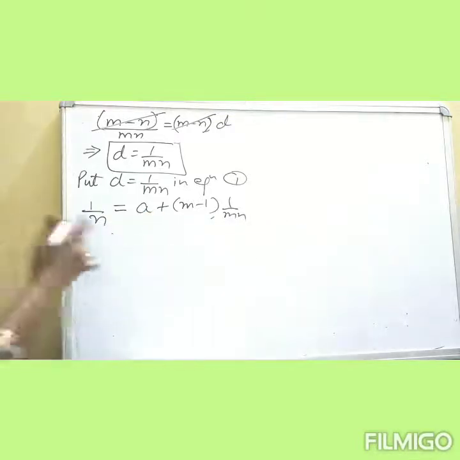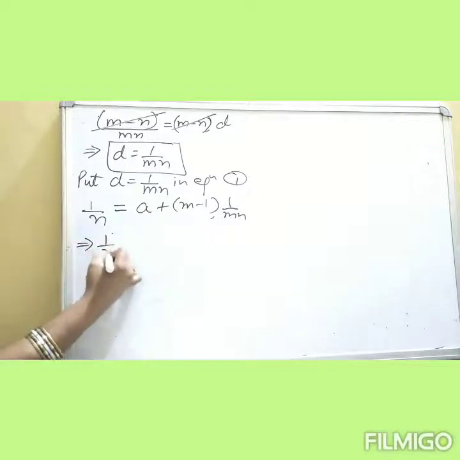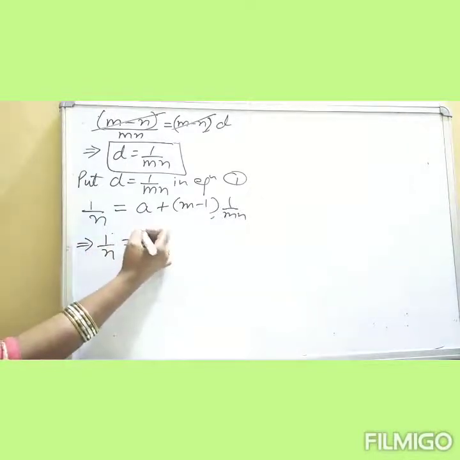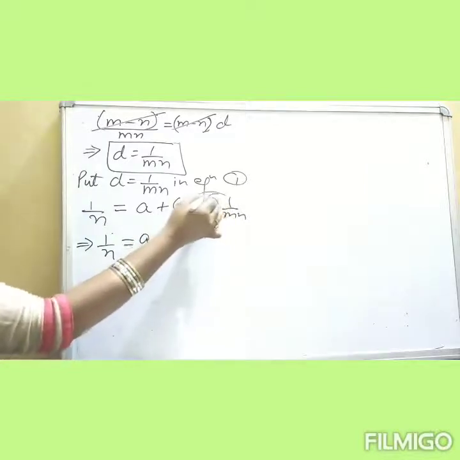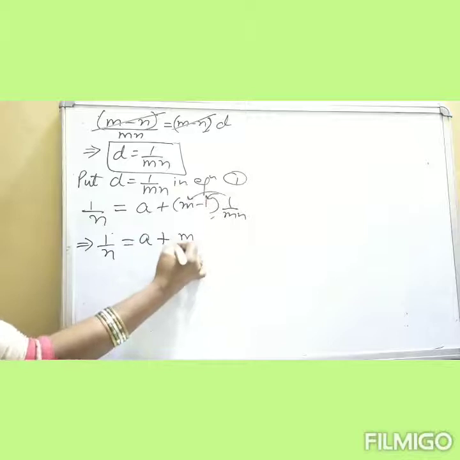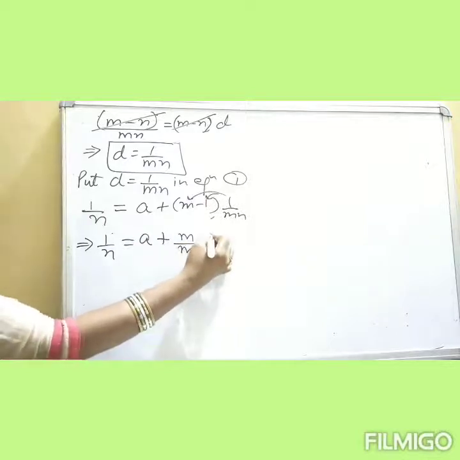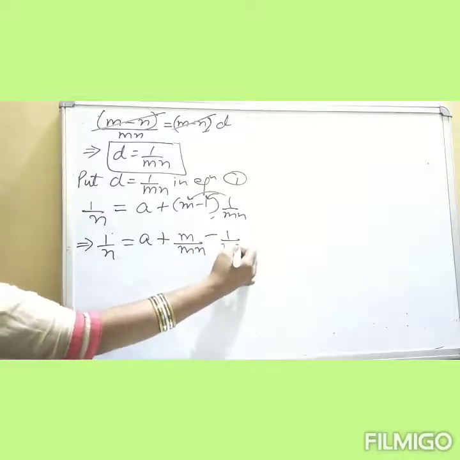This implies 1 by n equals a plus, multiplying inside the bracket, 1 by mn, I'll get m by mn minus 1 by mn.